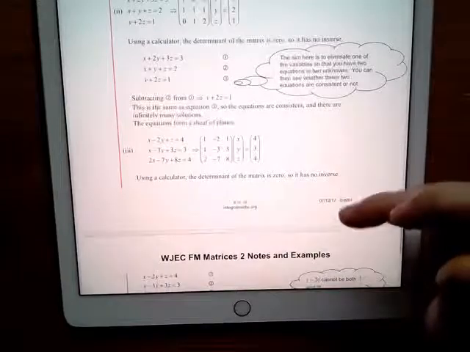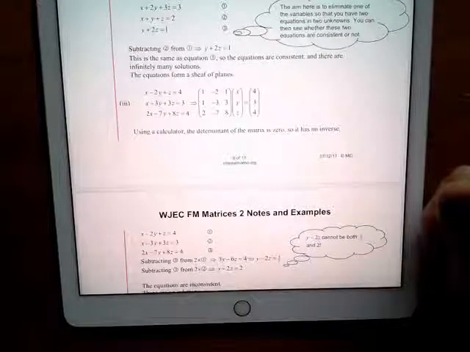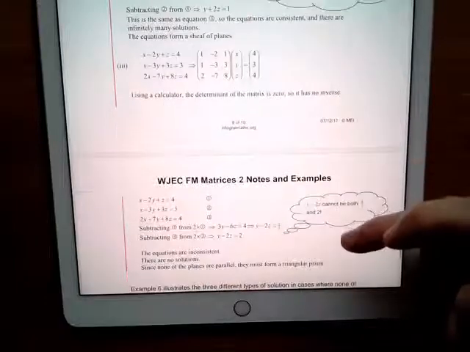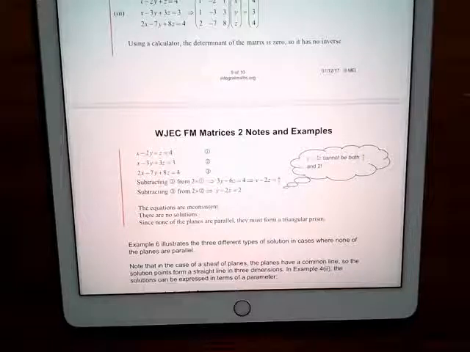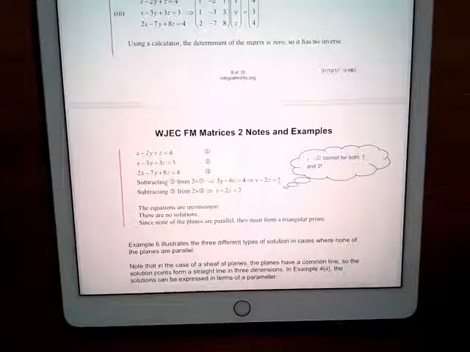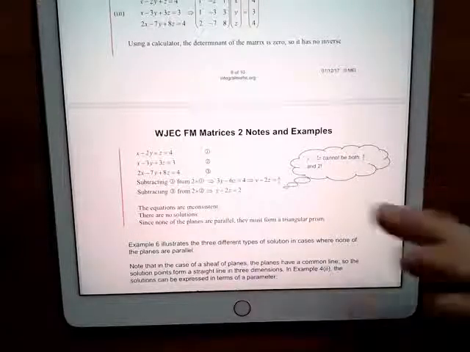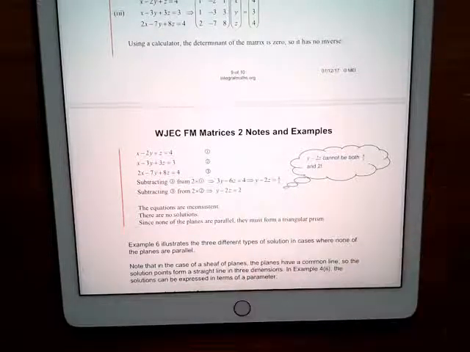Now in this third case here, okay, again the determinant's 0, so no go. Okay, and in this case, we try and do the same trick as we did on the second example. We try and eliminate a variable to find out whether or not the equations are consistent, which has got in the sheaf of planes, but it doesn't work.